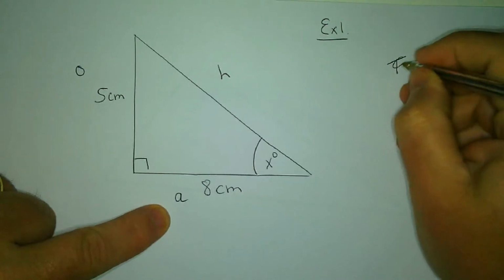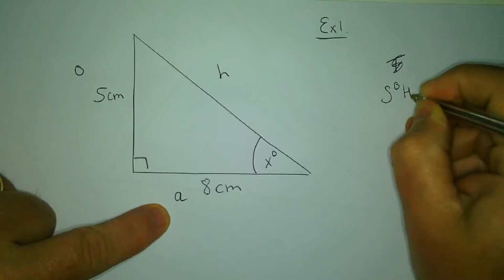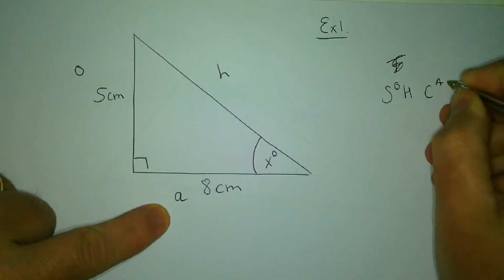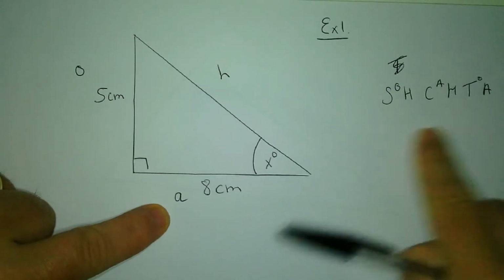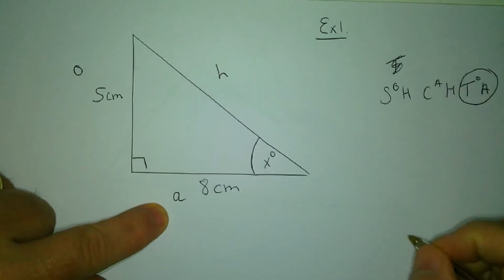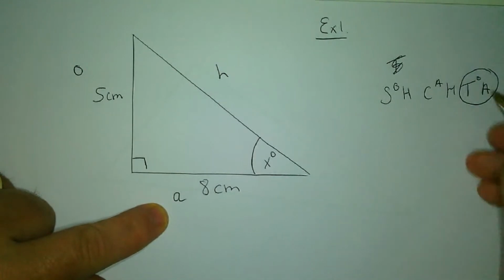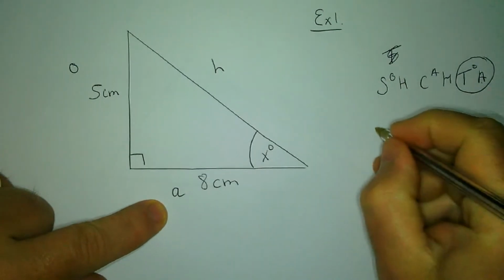I'm going to introduce you to TOA. You're going to see more of this next week. But for now, this is a tan, because it's the opposite and the adjacent. These other ones are looking for the hypotenuse. We haven't got it, so I'm going to use this.